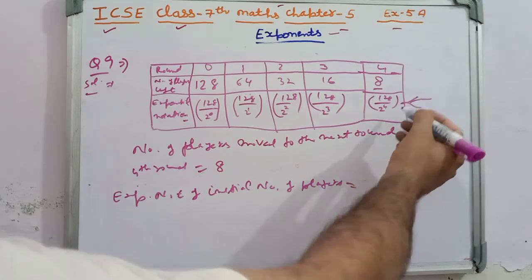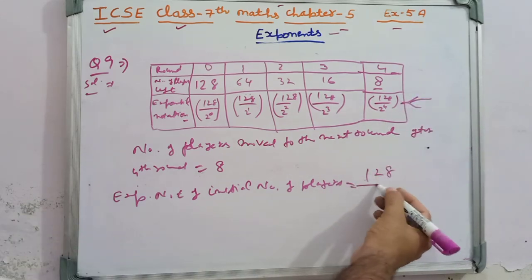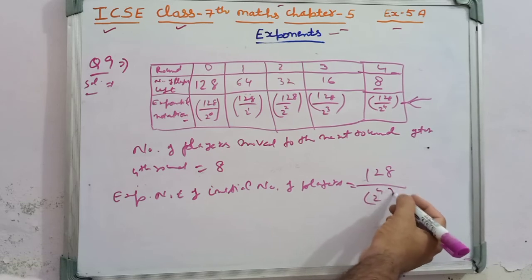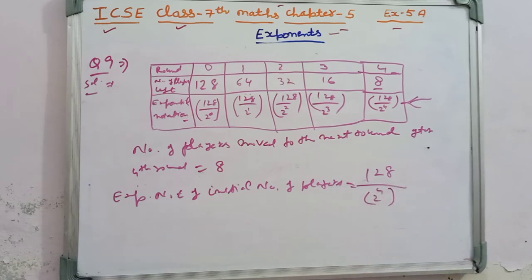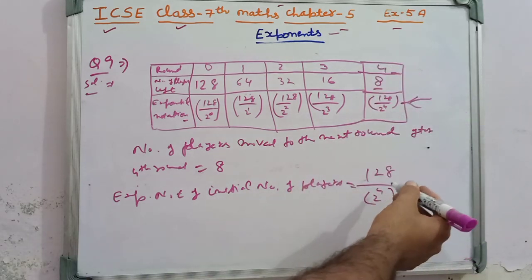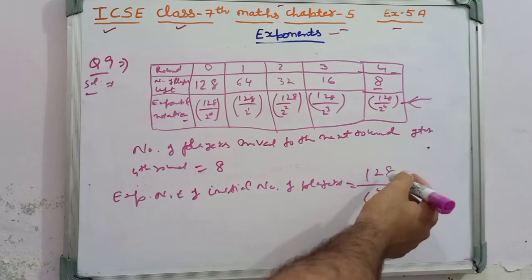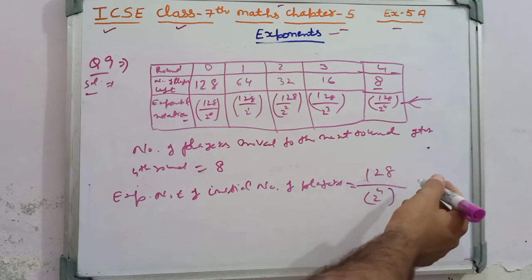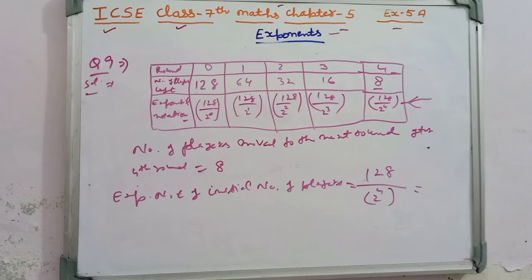This is our exponential: 128 upon 2 raised to power 4. Right? If we solve it, we will get 8. 2 to the 4 is 16, and 128 divided by 16 is 8. This is our answer. Right, students? So it is a good question. Do this carefully.